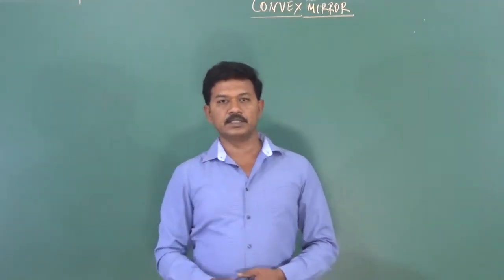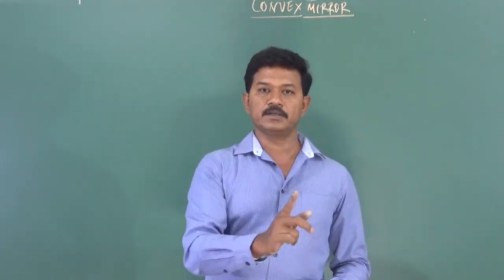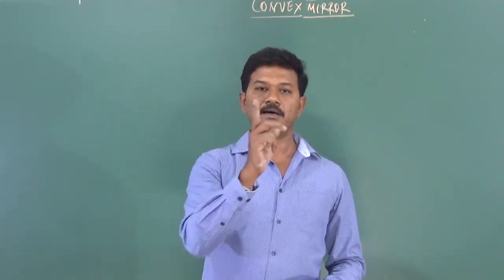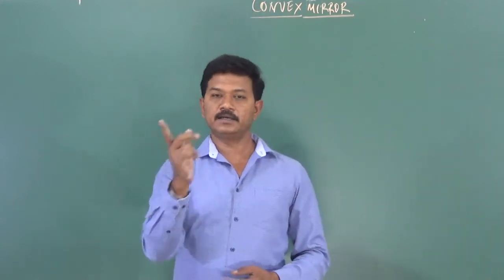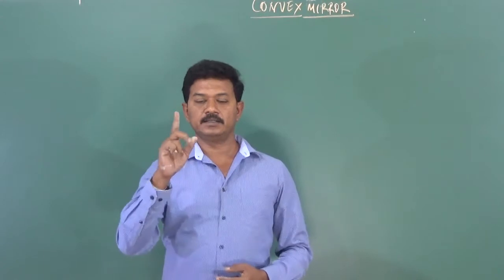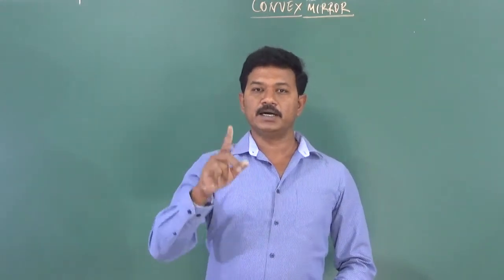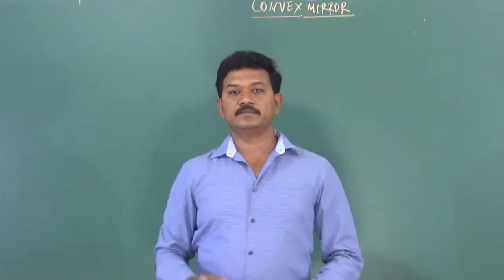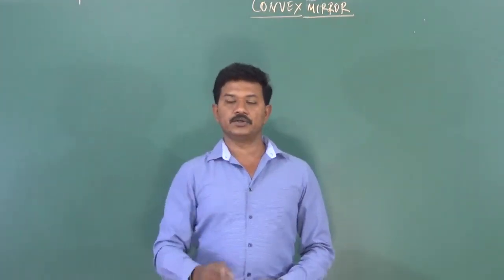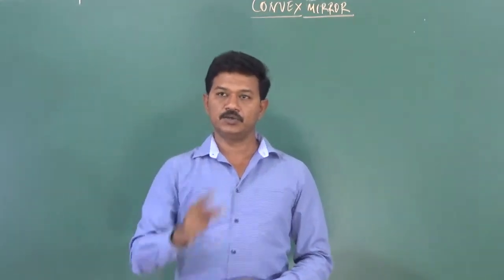Once again I will recall this: the image formed by a concave mirror is real and diminished, real and enlarged, real and highly enlarged, or virtual, erect and enlarged. So concave mirrors can form two types of images.